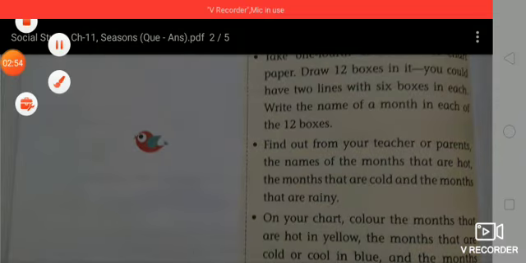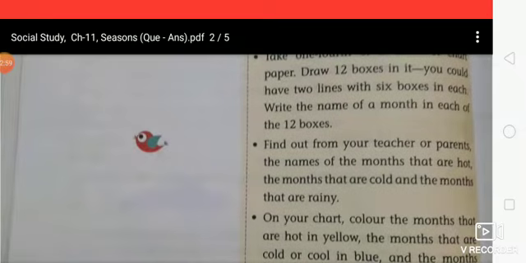Winter months: November, December and January, February. Rainy months: June, July and August.